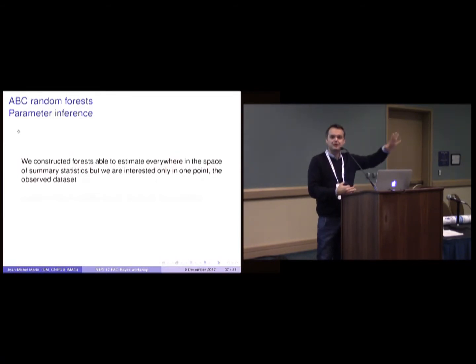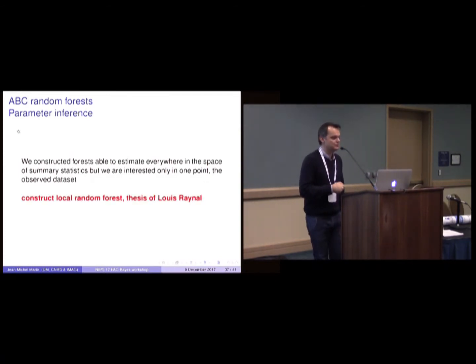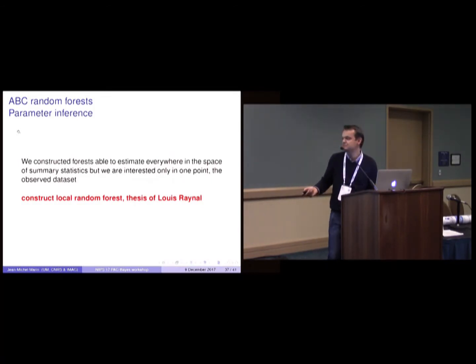I produce my learning set using the Bayesian model, and I just want to predict one point, the observed. Using this forest, I construct a general rule, able to estimate everything that comes into the machine. So right now we try to construct local random forests, and this is the goal of the PhD thesis of Bernard.